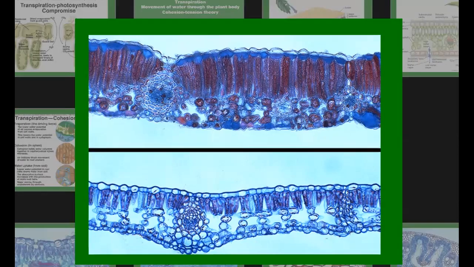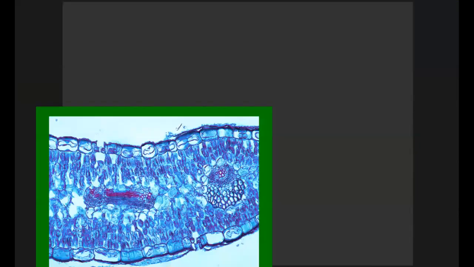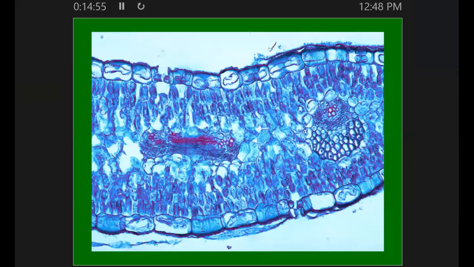And then if you see something like this, we looked at this already, but I think it's good to reiterate. Cut this leaf in half and look at what's on the top versus what's on the bottom. And they kind of look like mirror images, right?